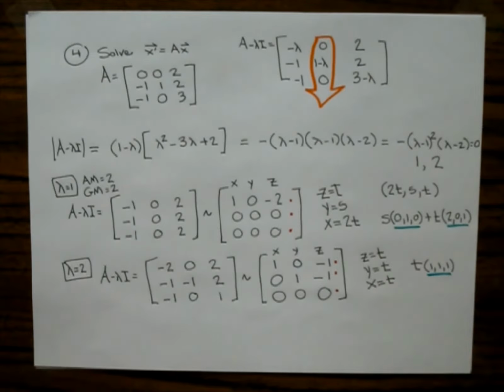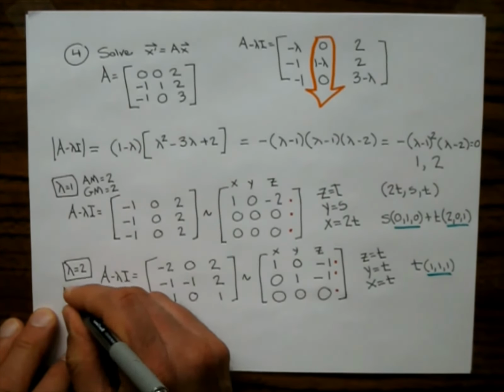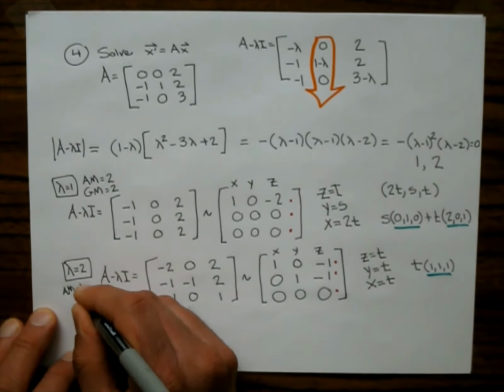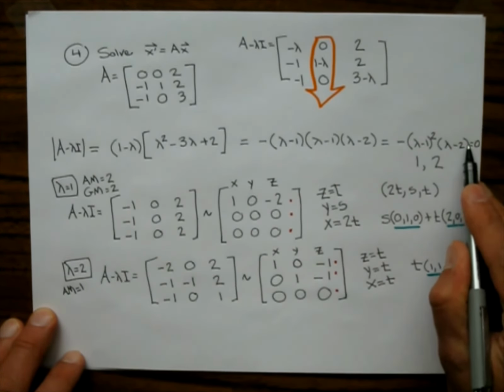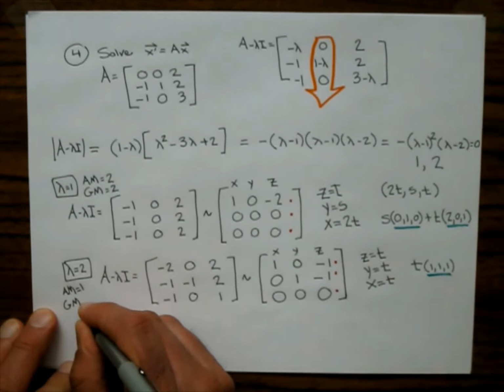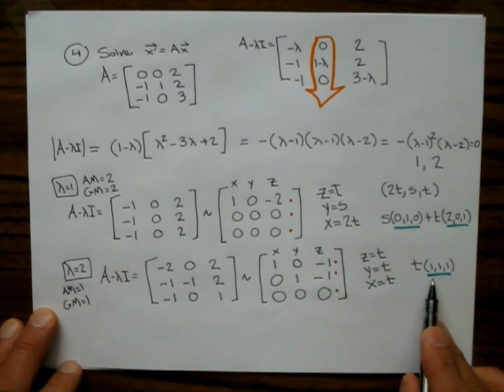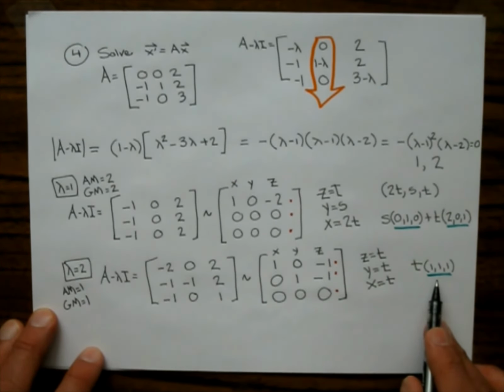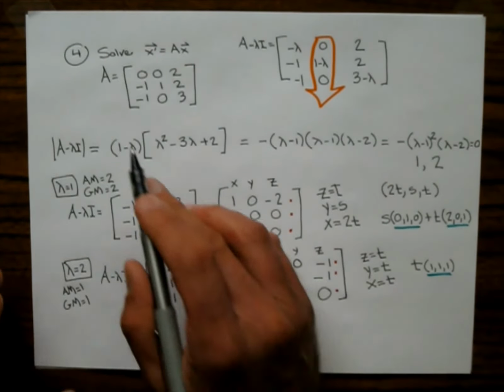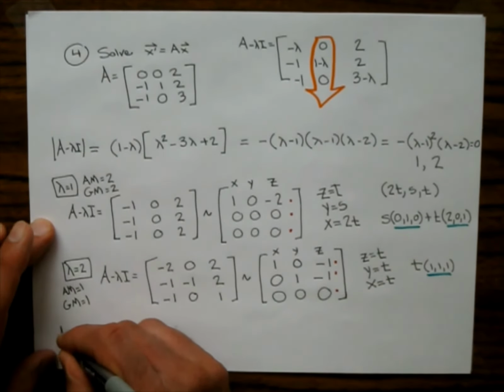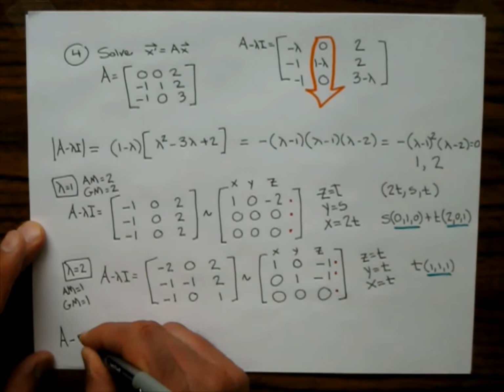We can also see that the algebraic multiplicity equals 1, and the geometric multiplicity equals 1 because we only have one parameter.